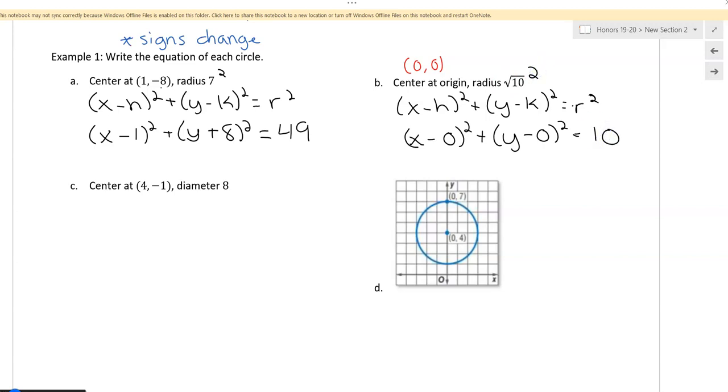Nice and easy there. Another way to write this, which is more common, I don't usually say x minus 0. X minus 0 is just x. So that's x squared plus y squared equals 10. Okay. So if you see this x squared with nothing next to it, then you know that point is at 0, right? Same thing with the y.